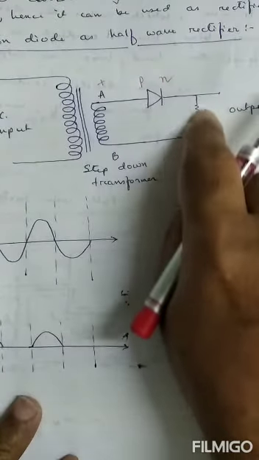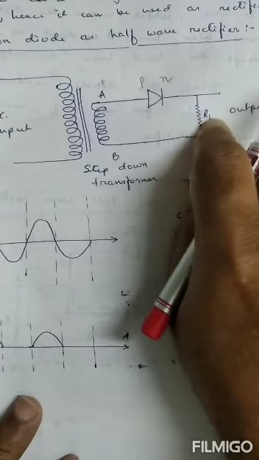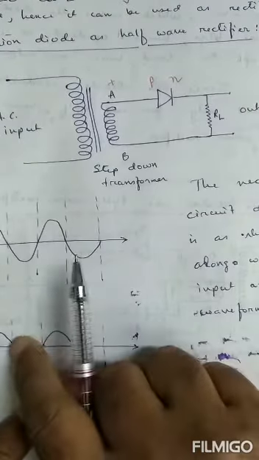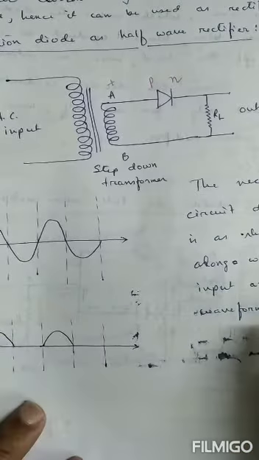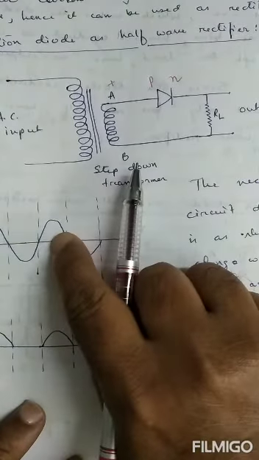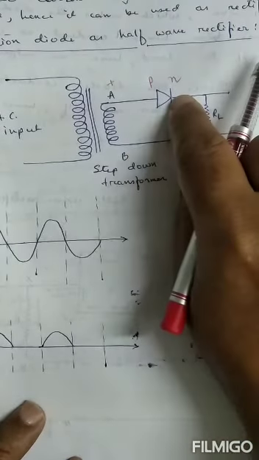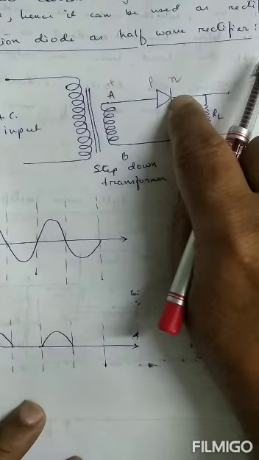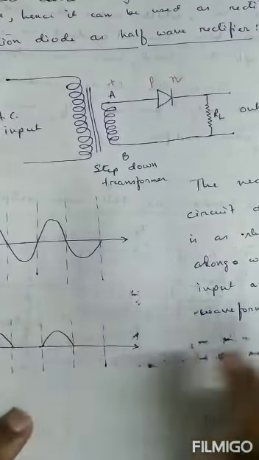Therefore, the voltage drop across the load is 0. Output voltage is 0. Again in the next half, A becomes positive, B negative, which makes the diode forward biased, and hence current flows through the diode and we get the output voltage.